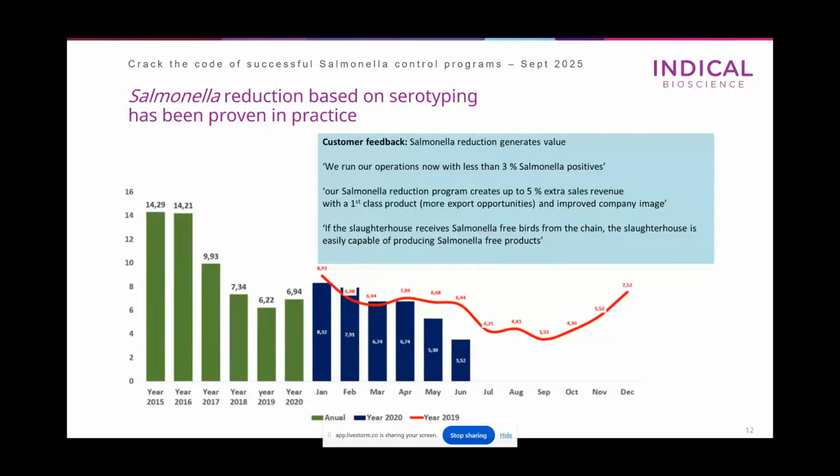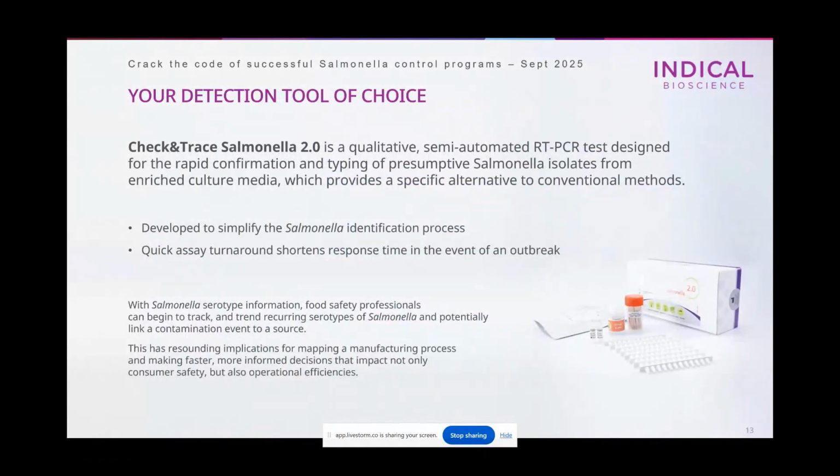And if you go to the next slide, I will say what it is that we are using. Check and Trace Salmonella 2.0 is a qualitative semi-automatic real-time PCR test, designed for the rapid confirmation and typing of presumptive Salmonella isolates. It's developed to simplify the Salmonella identification process. We are able to give you a Salmonella name within 2 hours from an isolate.